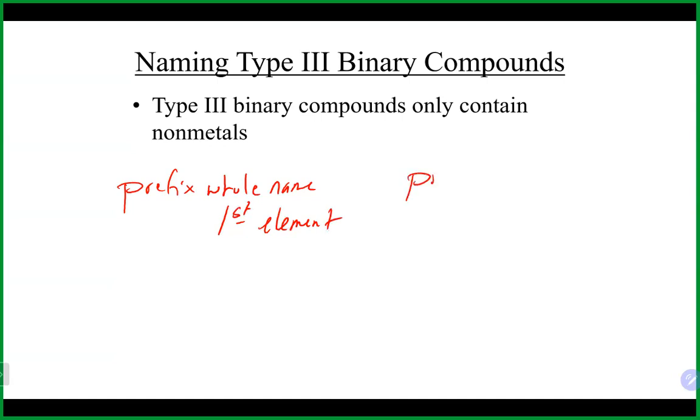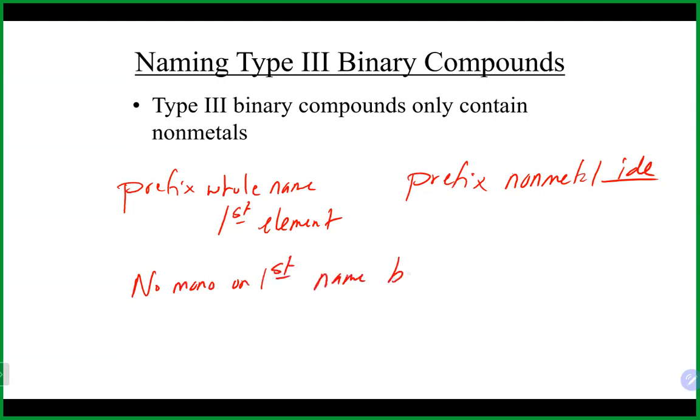Then we use a prefix for the second name, and we give the second name the normal treatment that ends in the -ide part, like normal. There are a couple of rules, and the main rule is no mono on the first name, but it is okay on the second.